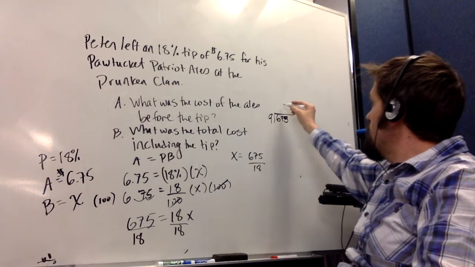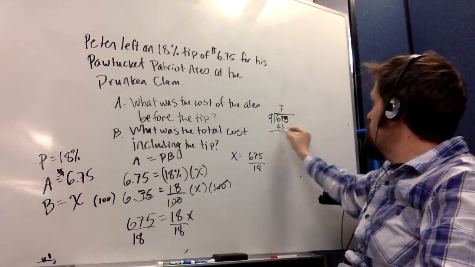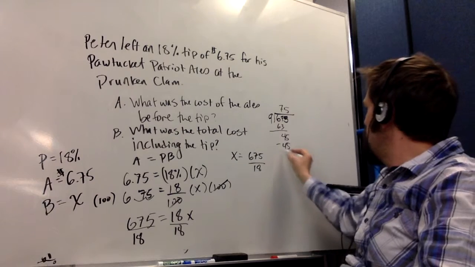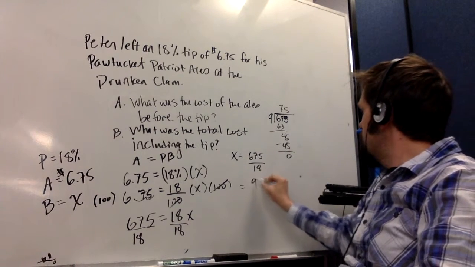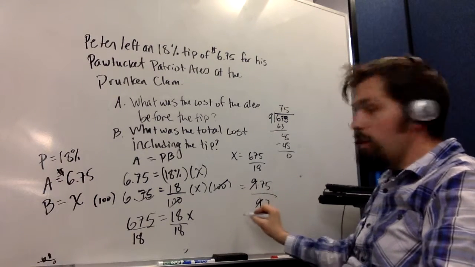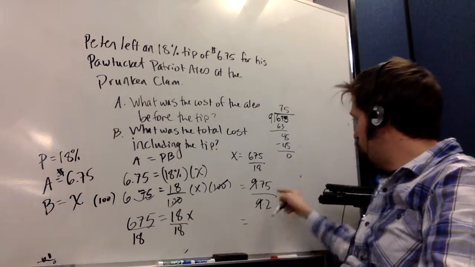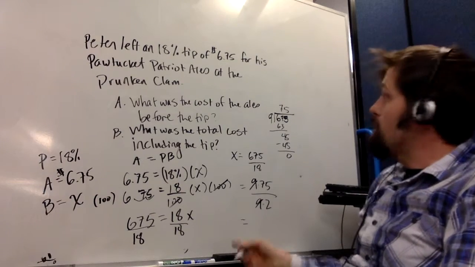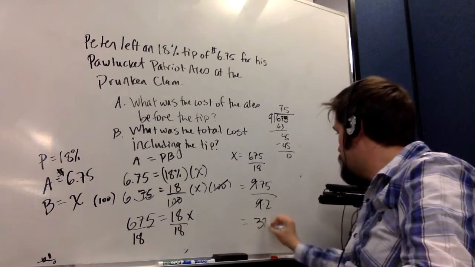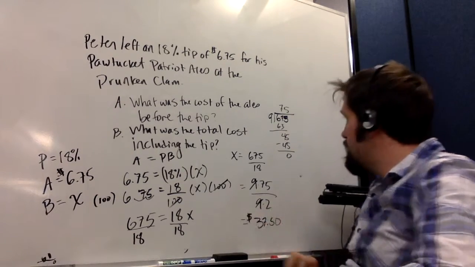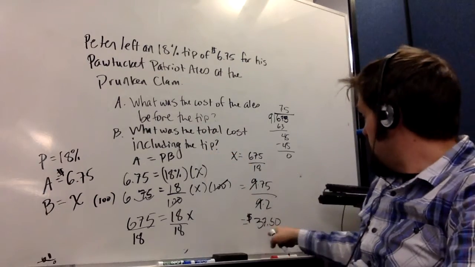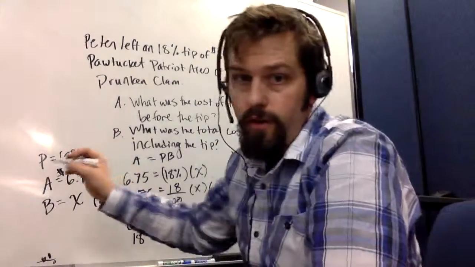So 9 times 7 is 63. 9 times 5 is 45. So I know that this is 9 times 75 over 9 times 2, and I can eliminate that factor of 1. And so now I know that x, the cost of the ales before the tip, is half of 75, which is $37.50.